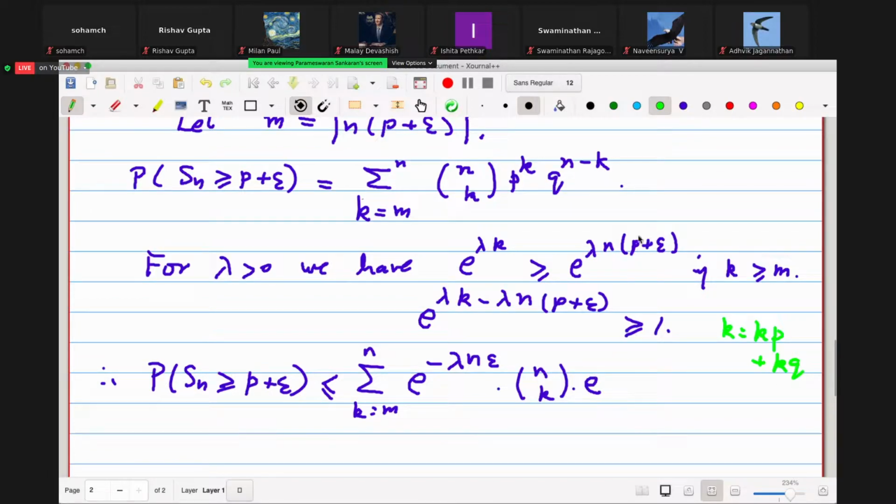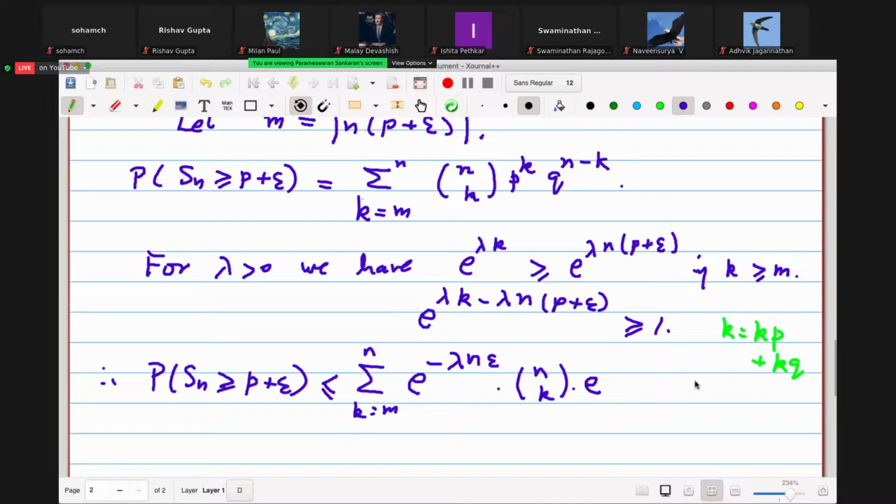And when you write that, this kp will be paired with minus lambda np, so that np comes here. So that will become lambda times n minus kp. That will be clubbed with q, because q is the one which appears with that exponent.